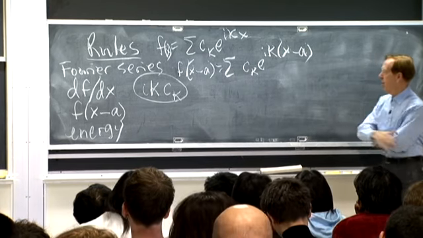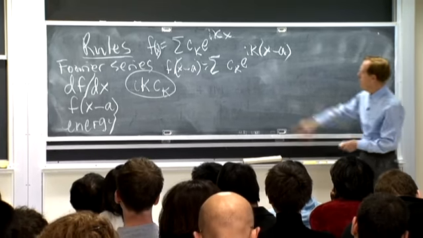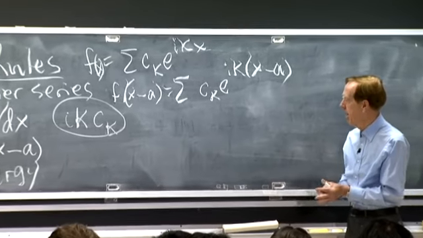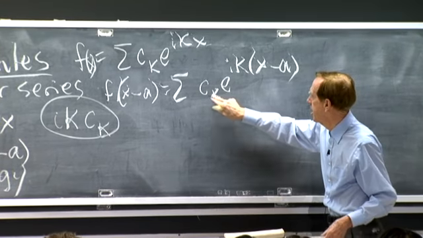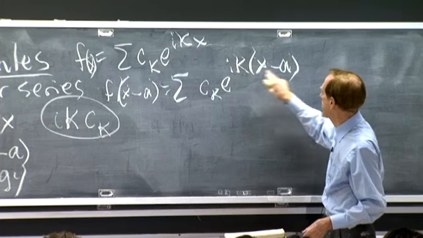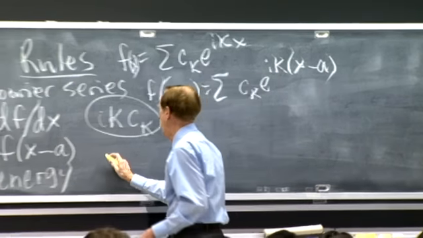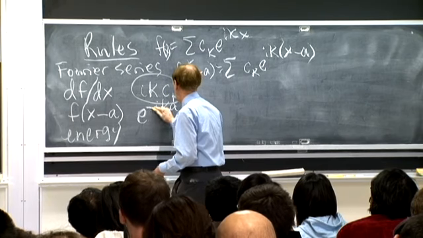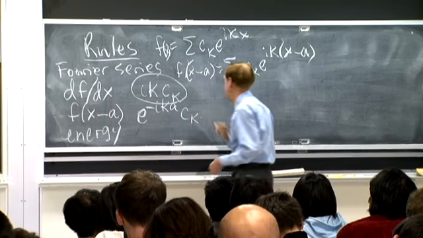So what are the Fourier coefficients of that? Well, there's the e to the ikx. Whatever is multiplying it has got to be the Fourier coefficient, and we see it as ck times e to the minus ika. E to the minus ika times ck. Right?